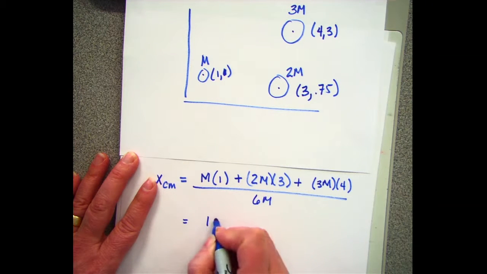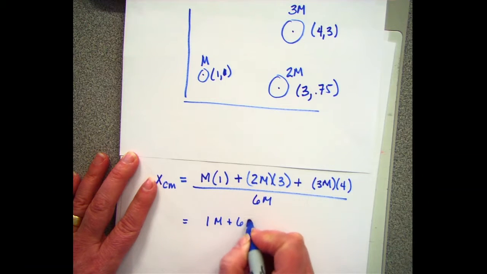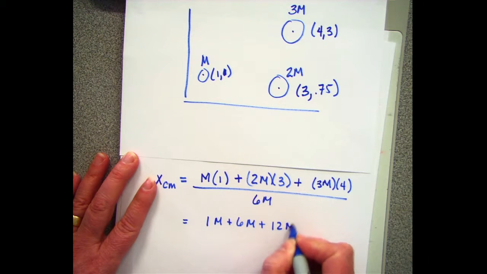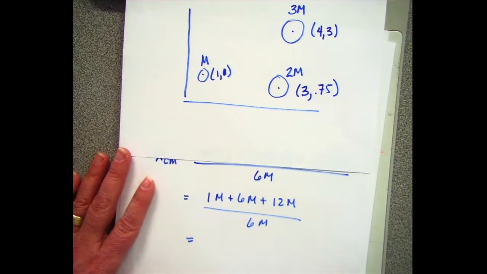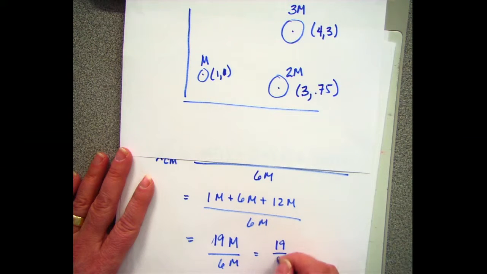So I'm going to have 1m plus 6m plus 12m divided by 6m, which is going to give me 19m divided by 6m, which is going to give me 19/6, which is something like 3.33 if I get it right.